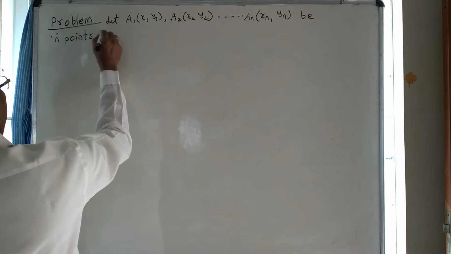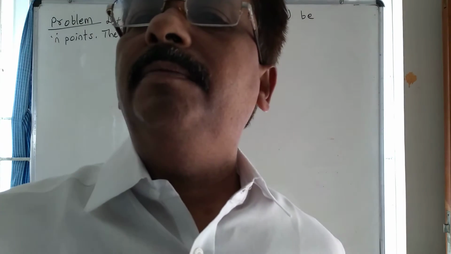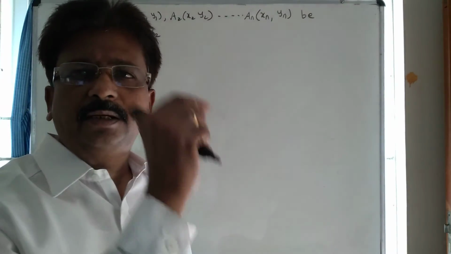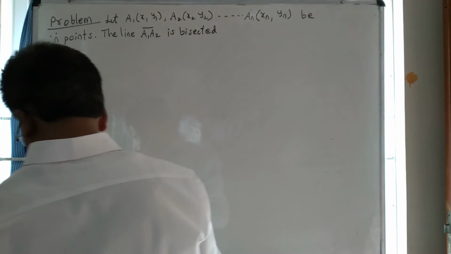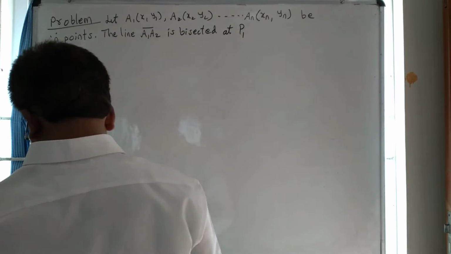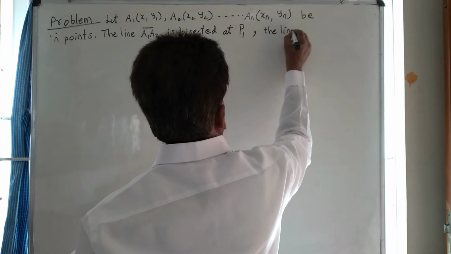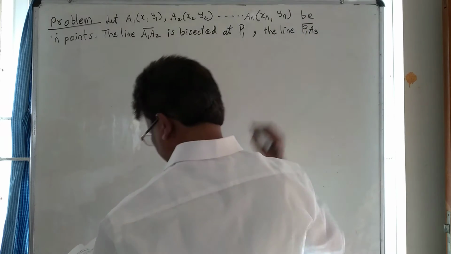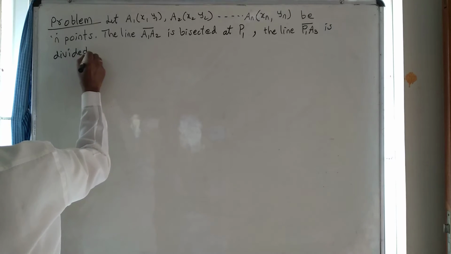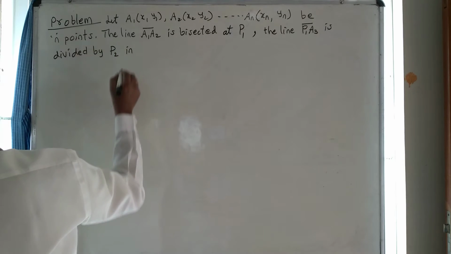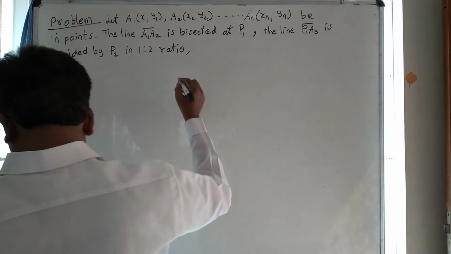The line segment A1 A2 is bisected at the point P1. The line P1 A3 is divided by P2 in the ratio 1:2.